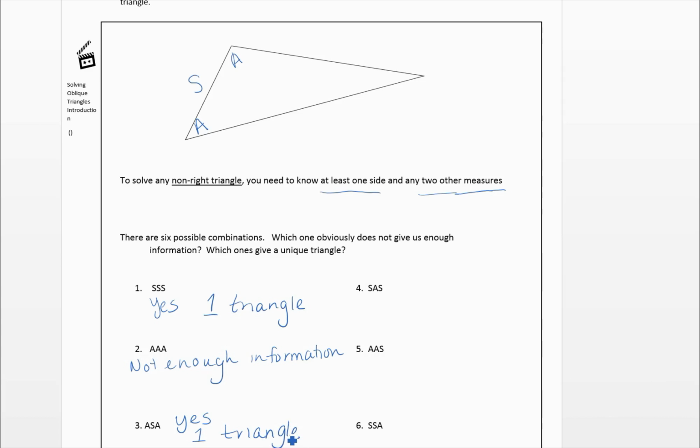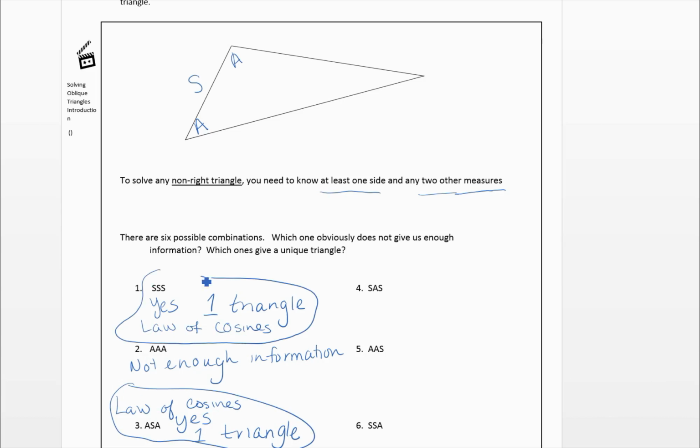We'll learn 2 different things, and we'll use the law of cosines to solve angle, side, angle. And for side, side, side, we'll also use the law of cosines to at least start solving it.